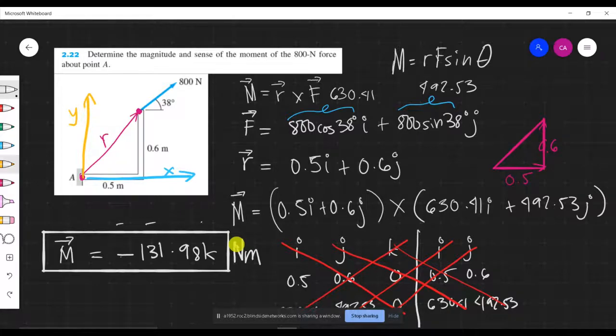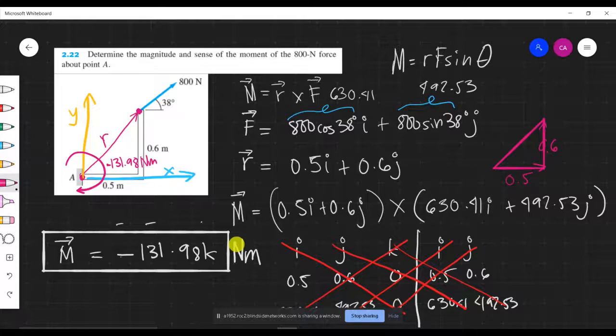So, ibig sabihin nun, yung kanyang direction ay pag ganito. This is negative 131.98 newton meter. So, yun yung moment. That is the moment or yung vector ng moment natin. Parang sinasabi na negative 131.98K. Parang clockwise at axis K.